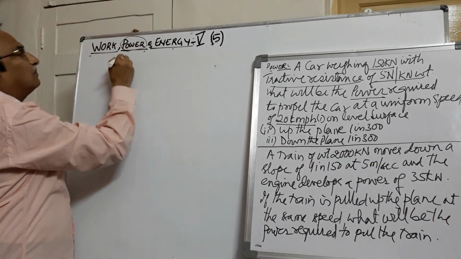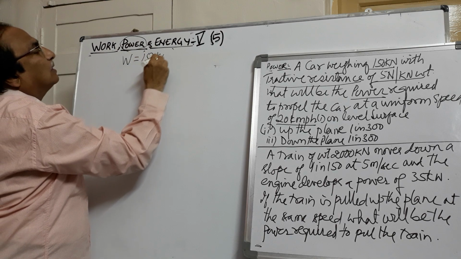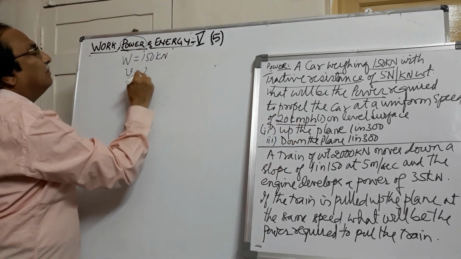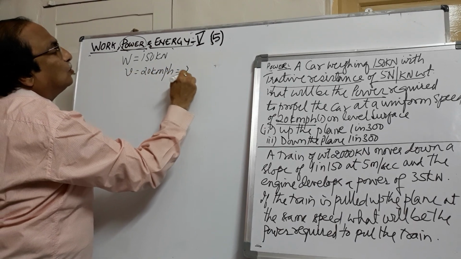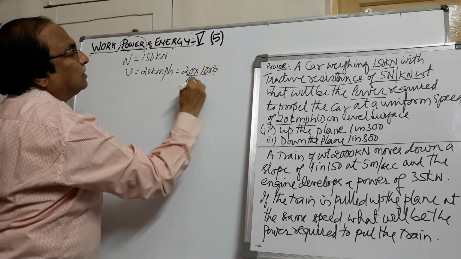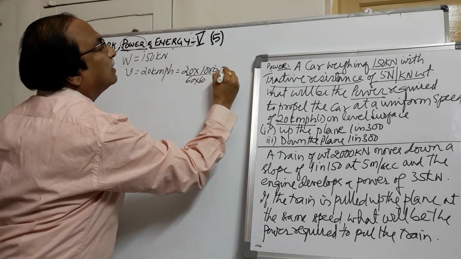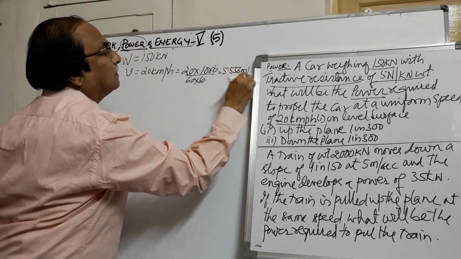So here the weight of the car is given as 150 kilonewton. Speed of the car is given as 20 kmph. Let us convert this 20 kmph into meter per second: multiply by 1000 and divide by 60 into 60. You get this velocity as 5.556 meter per second.